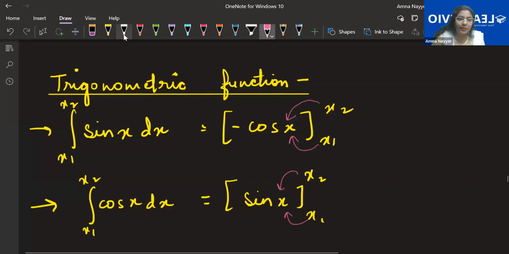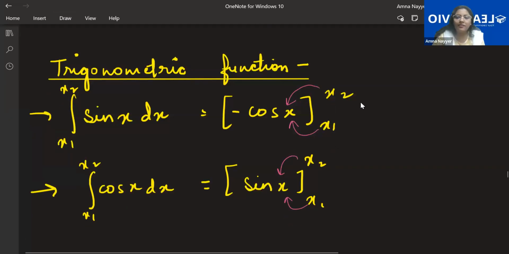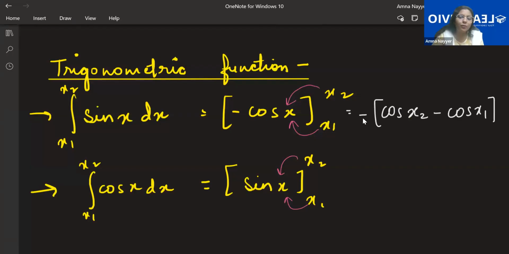Let's say I've taken the minus sign outside the bracket. It will be cos of x2 minus cos of x1. The minus will be for both, but I've taken it outside right now to show this. Similarly, sine of x2 minus sine of x1. This will be the case of trigonometric functions.